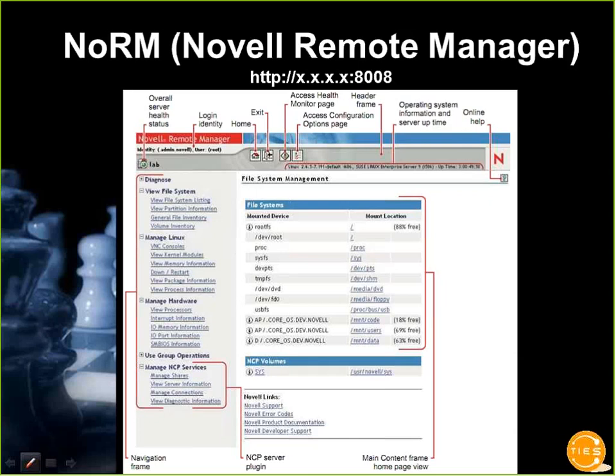For instance, if I've got a GroupWise server and I need to swap out a user's FID, their file ID database, if either the POA has it open or they've got their client open or whatever the case may be, I can't rename it and put in a replacement one because something's got it open. Well, if it's a POA, I would have to bounce the POA, which cuts off everyone else.